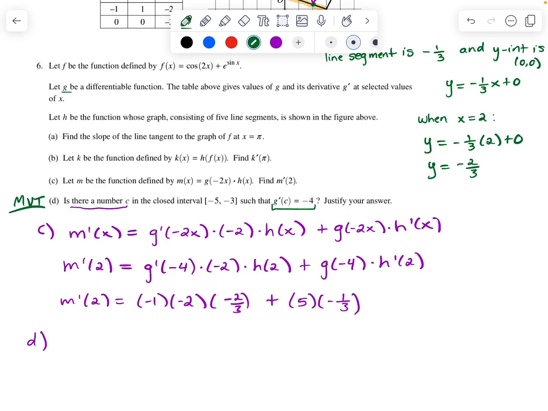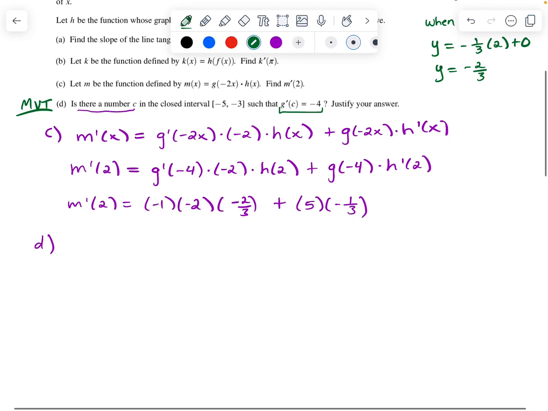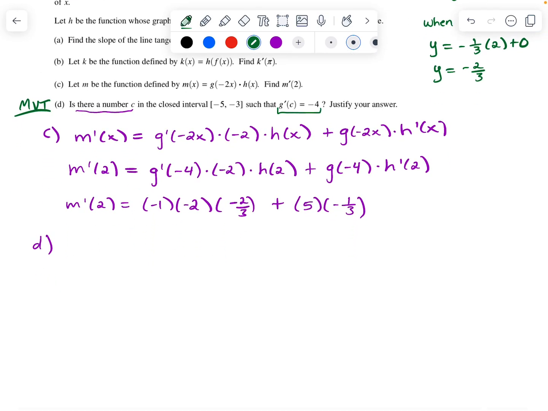Now I have to recall what MVT says, and you can look up the theorems in your review guide or notes. But really what it says is that if the function is continuous and differentiable on the interval given, then there is some point where the derivative is equal to the average rate of change over that interval. So at some point, the instantaneous rate of change is equal to the average rate of change.